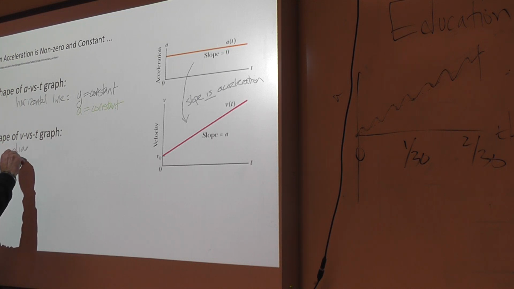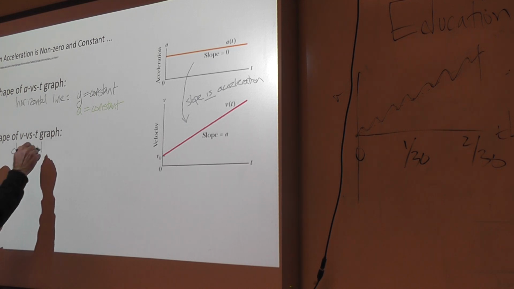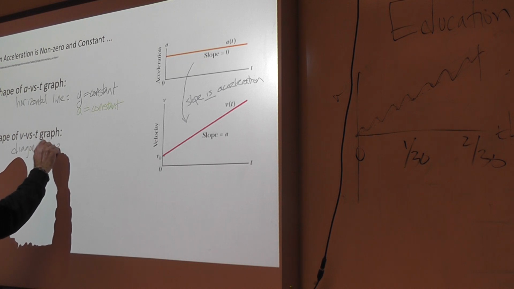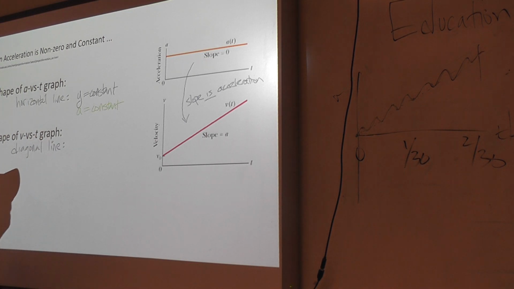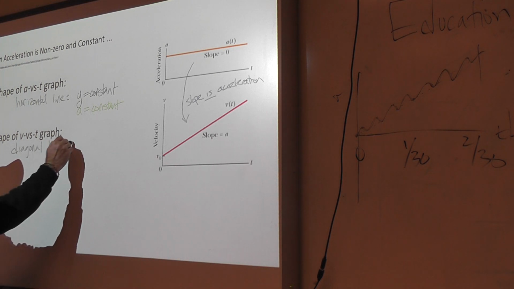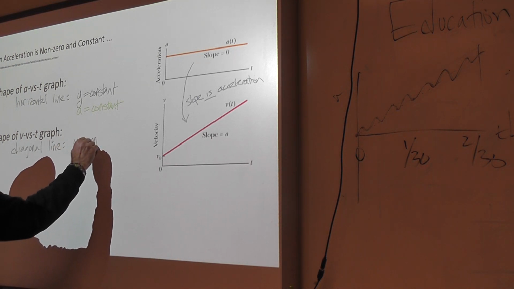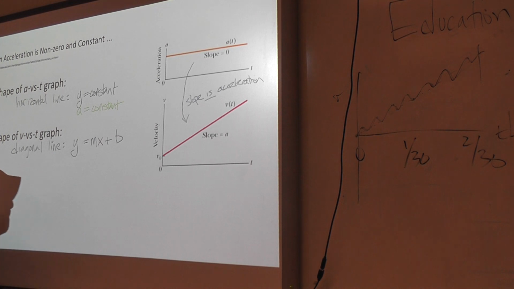Usually it's diagonal. If there's non-zero acceleration, then our slope is going to be non-zero, and that means that our line is going to follow the familiar y equals mx plus b form. Okay, that's on an xy graph.